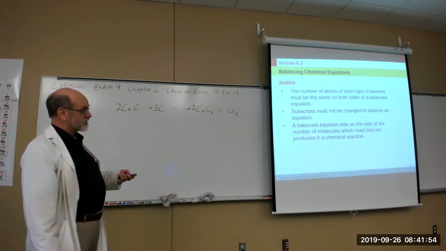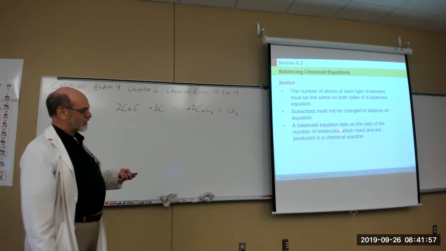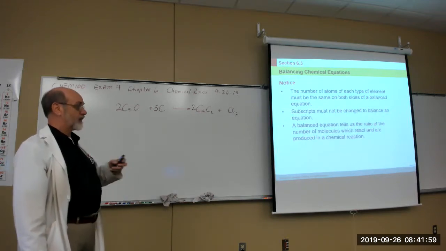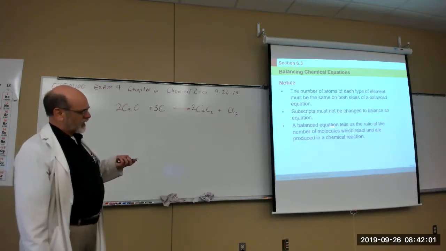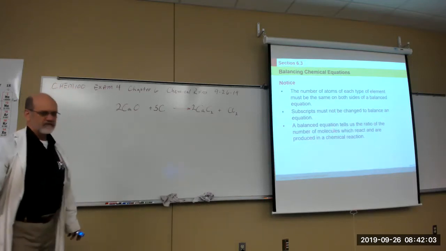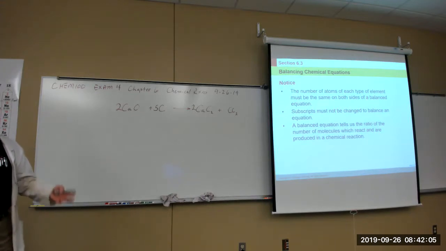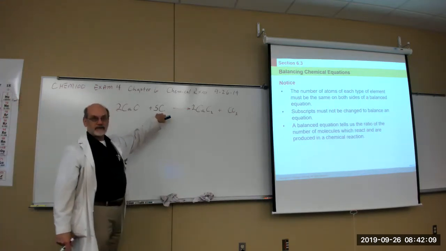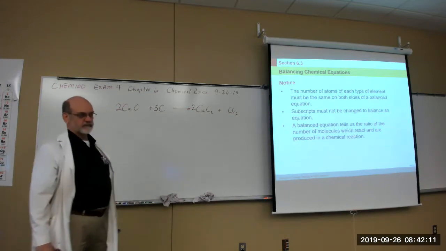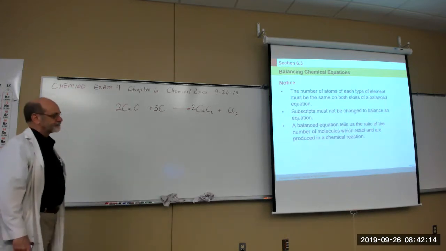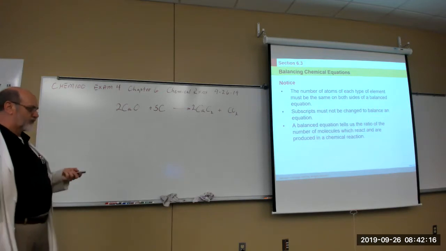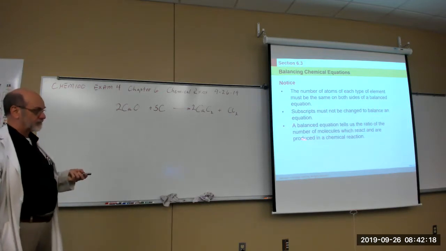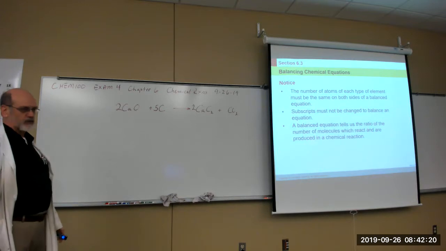So a balanced equation tells us the ratio of the number of molecules which react and are produced in a chemical reaction. That's true. Number of molecules and or elements. But sometimes you have separate elements, okay? Not molecular. But as far as it goes, that's a true statement. It's all about the ratio.